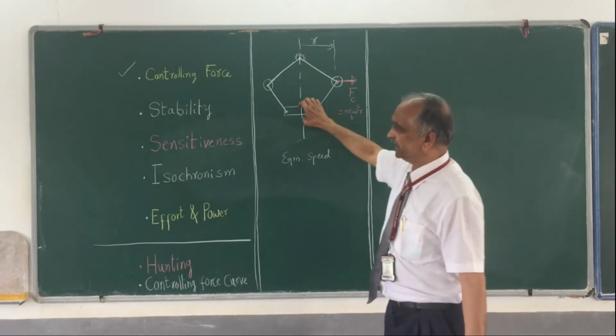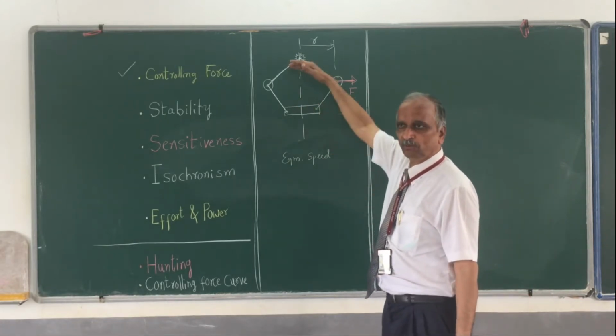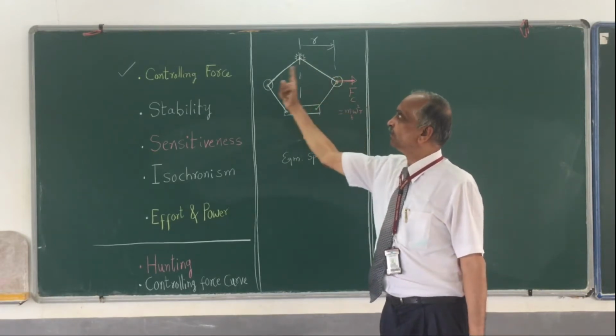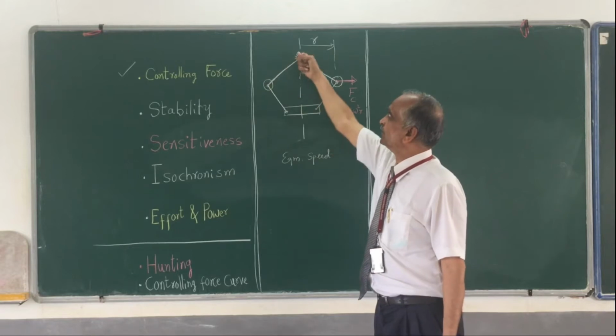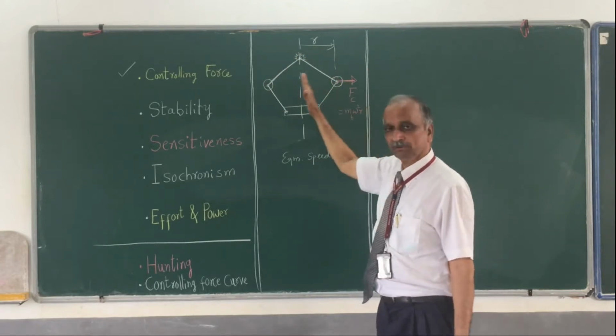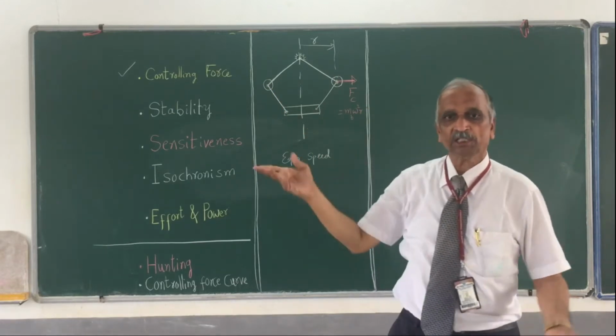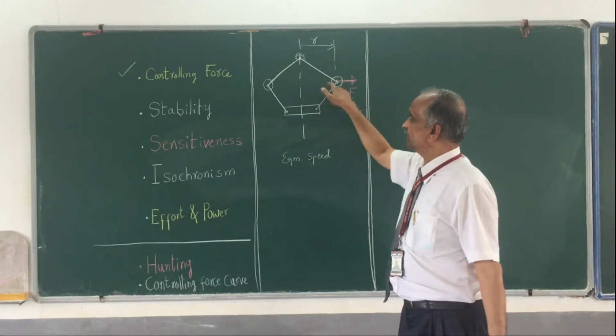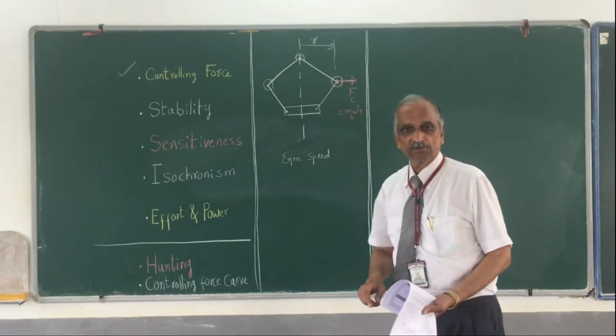Everything is in equilibrium: the sleeve is at a constant position, not moving up or down. The balls are revolving at a constant radius of rotation r, and they are not going outwards or coming inwards. In the horizontal direction, these balls are subjected to a centrifugal force.